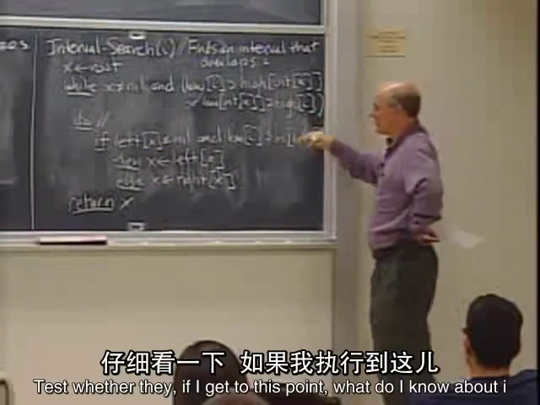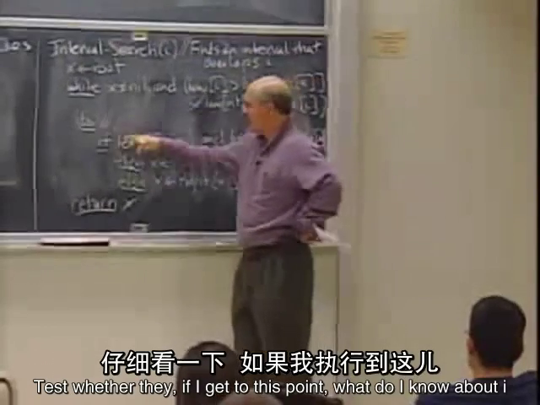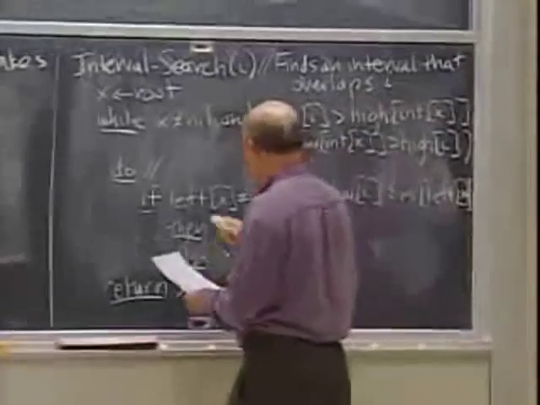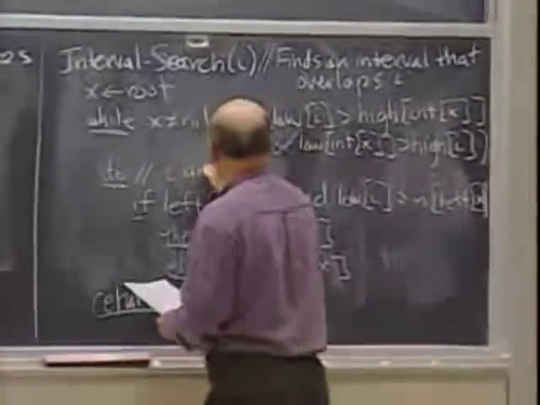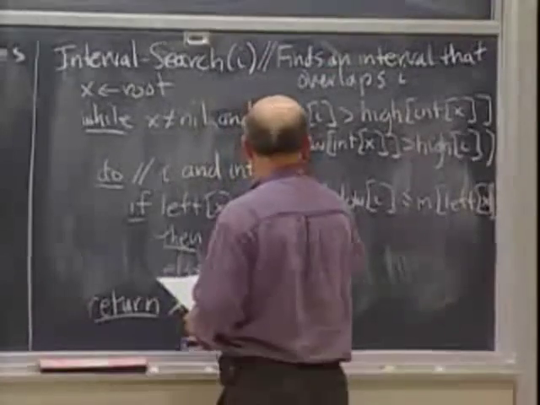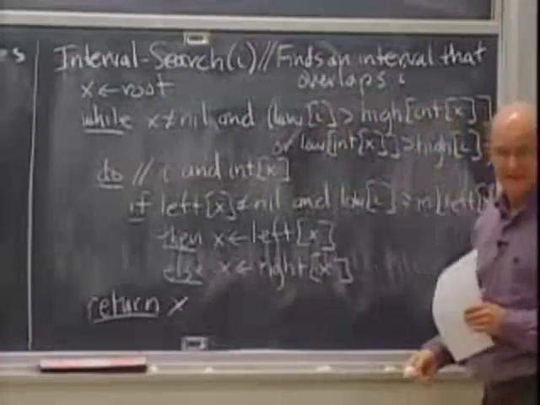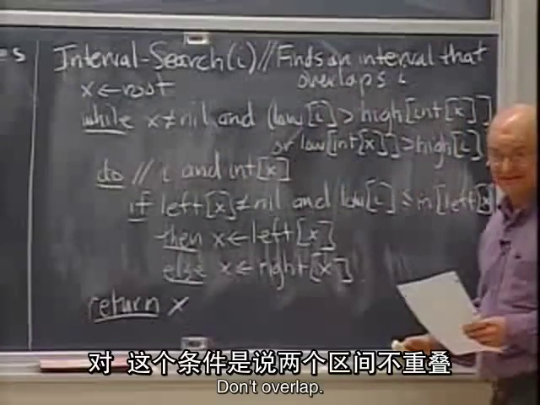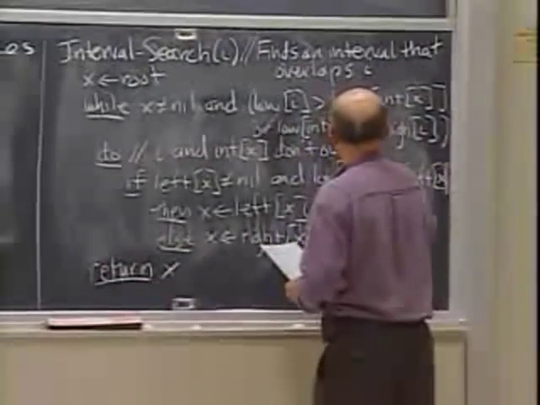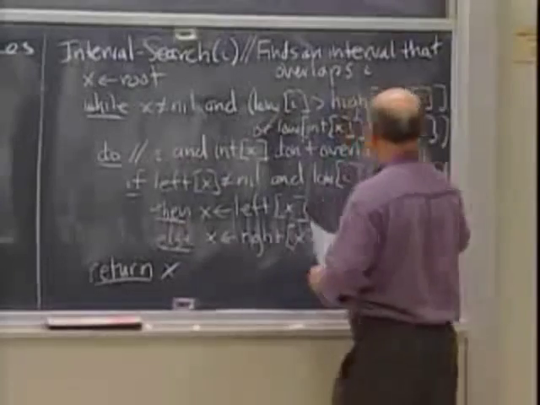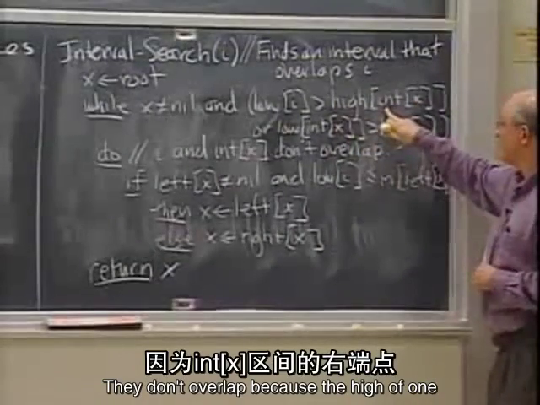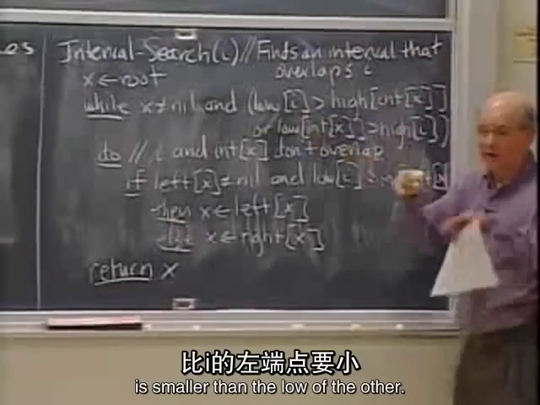So if I get to this point, what do I know about int of x? They don't overlap. They don't overlap because the high of one is smaller than the low of the other.